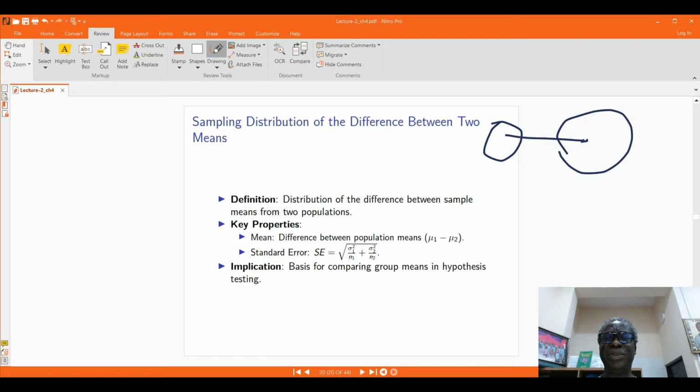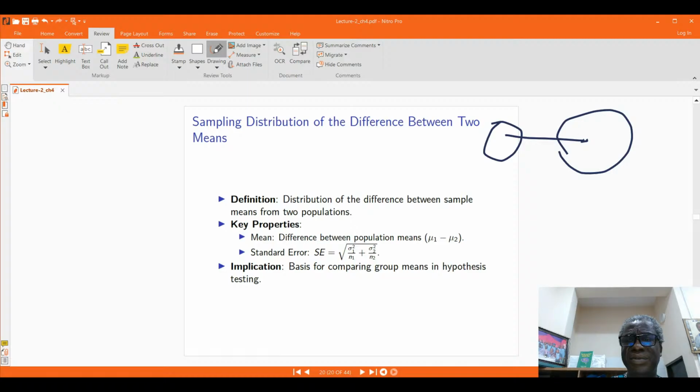You remember what you have inside is the population variance for the first population over the sample size drawn from the first population, plus the variance from the second population divided by the size of the sample drawn from the second population.